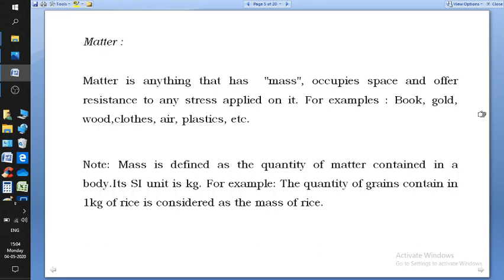They're going to resist the stress that we apply on it. So any matter, whether it's a book or a cloth or plastic or anything, will try to offer resistance, which means to try to go against the stress when we apply it.